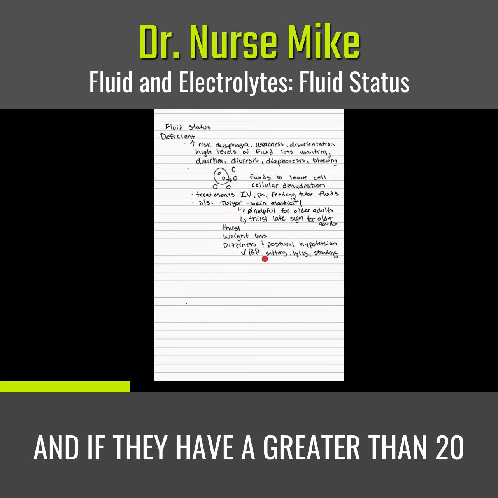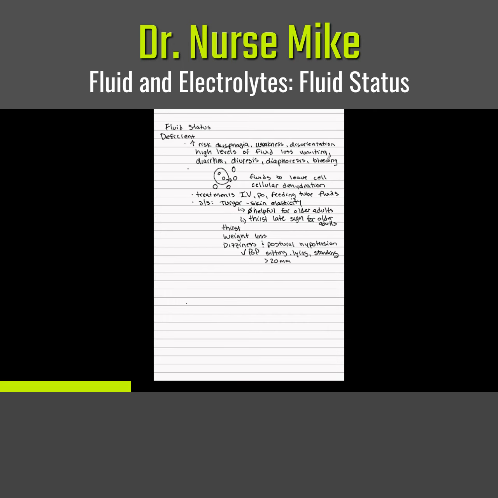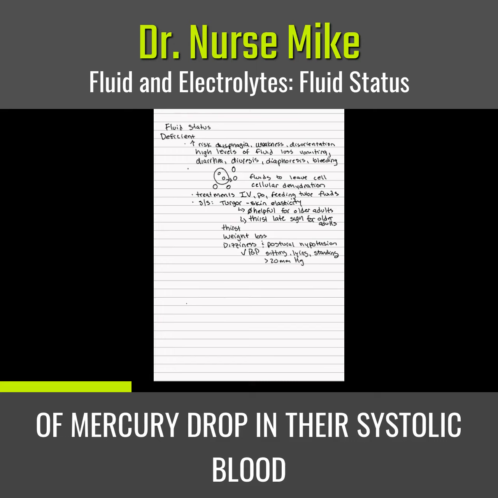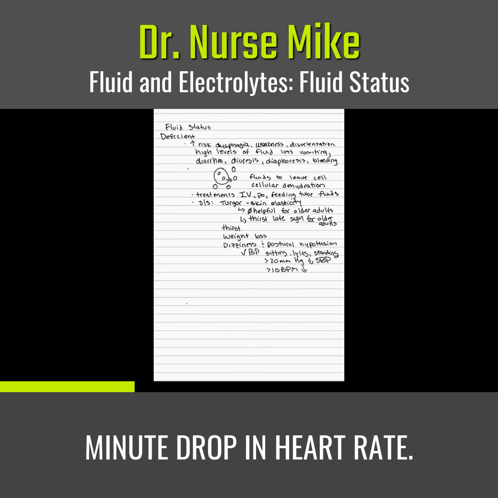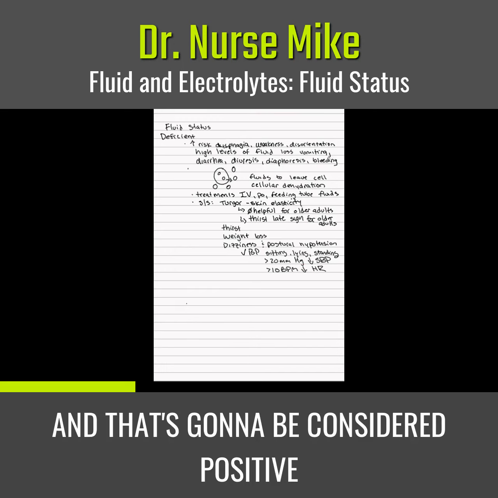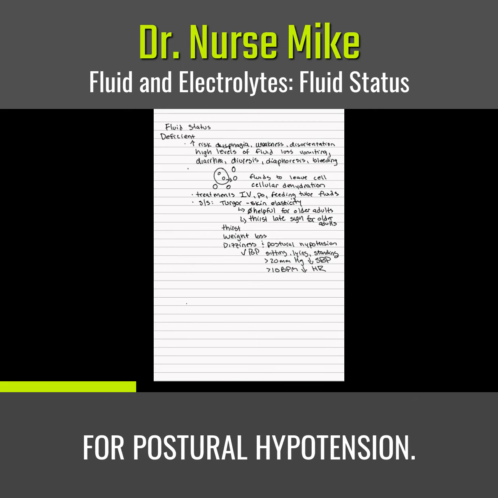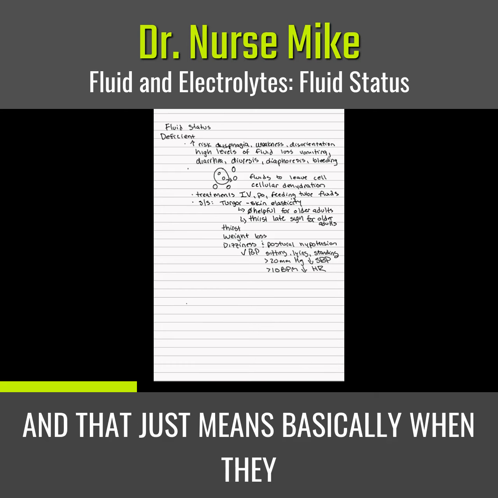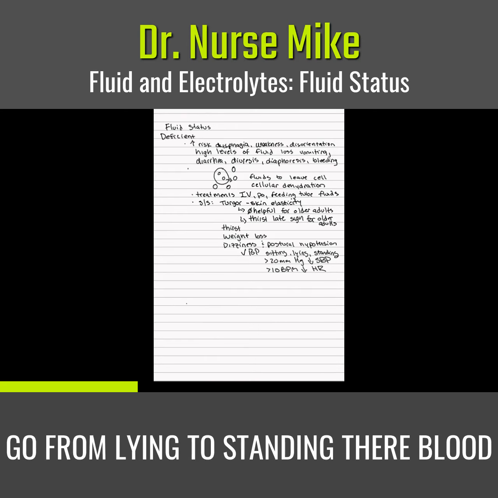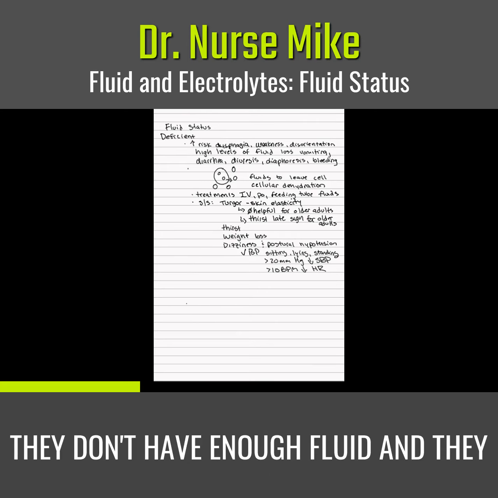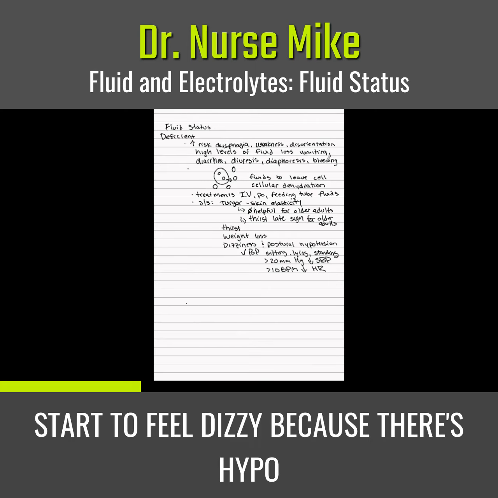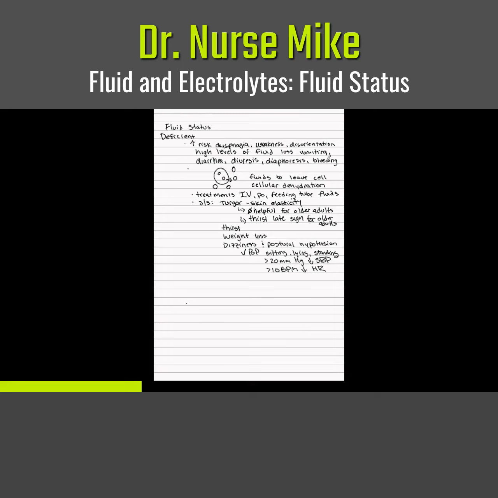And if they have a greater than 20 millimeters of mercury drop in their systolic blood pressure and a greater than 10 beats per minute drop in heart rate, then that's going to be considered positive for postural hypotension. And that just means basically when they go from lying to standing, their blood pressure drops pretty significantly because they don't have enough fluid, and they start to feel dizzy because there's hypoperfusion to their brain.